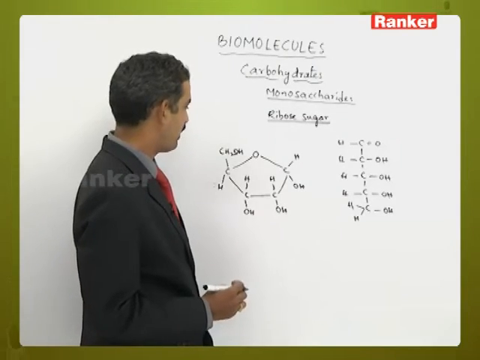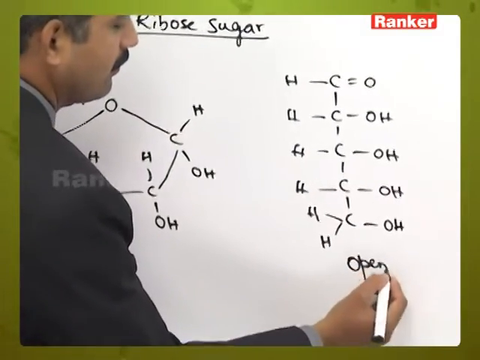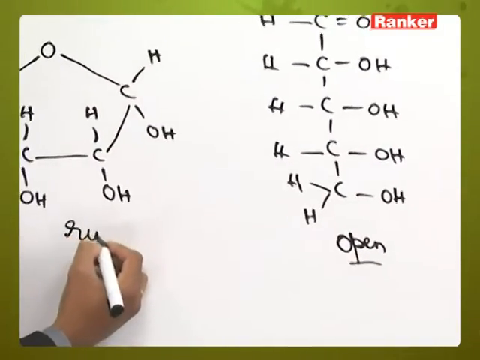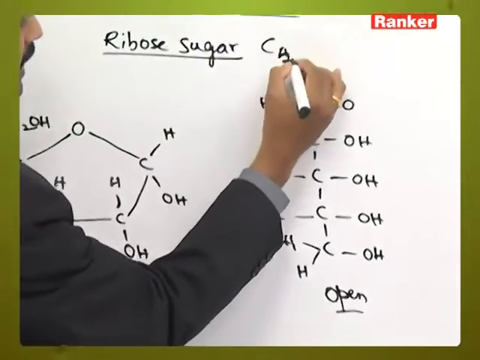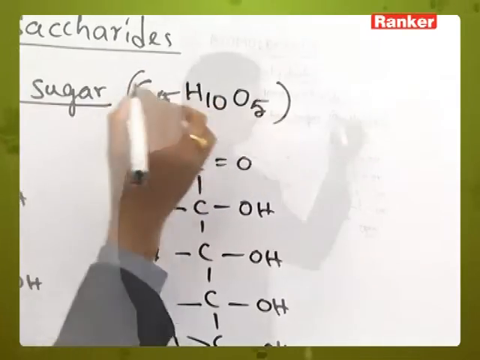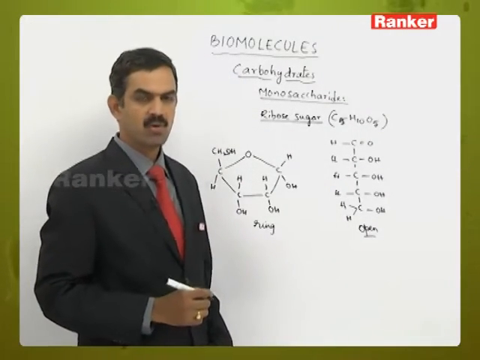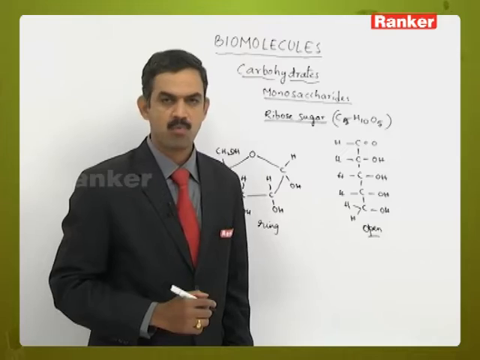This organization can be seen in the open chain structure, whereas this is a ring structure formed by the ribose sugar, that is a C5H10O5 molecule. So this is an example of open chain and ring structure exhibited by a pentose sugar, that is ribose.